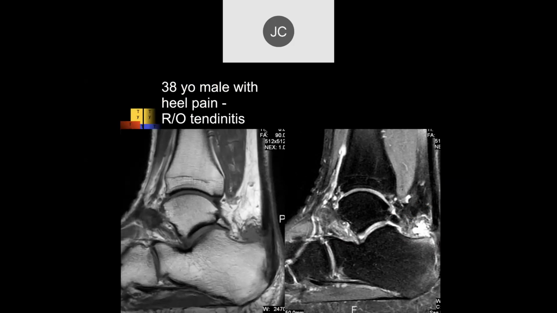All right, we have a 38-year-old male with heel pain, rule out tendinitis. Looks like there's pretty extensive increased signal in the distal Achilles with some partial thickness tearing anteriorly, some fluid in the retrocalcaneal bursa, and some edema in the calcaneus. Good. Right. We've talked about this.